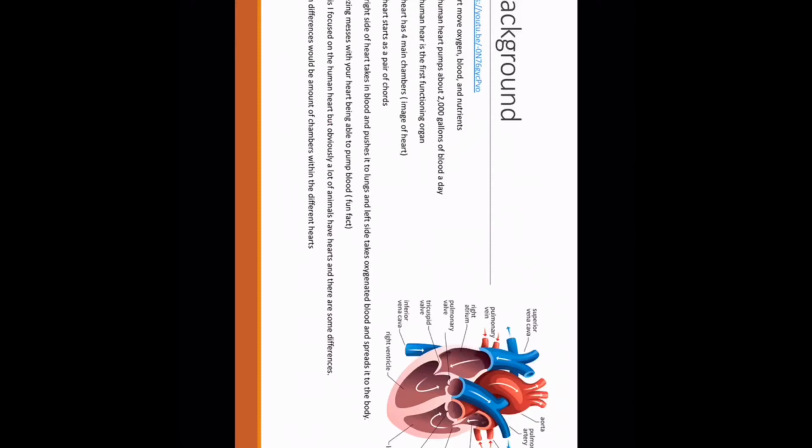And the heart beats about 115,000 times each day as well. So just massive numbers from this rather small organ. To think the average heart is the size of a fist in an adult. So it's a pretty small organ, but it has a lot of importance, and it does a lot of things.